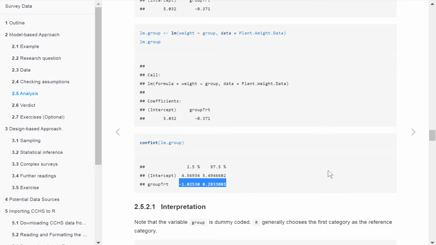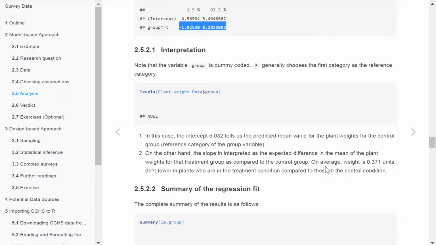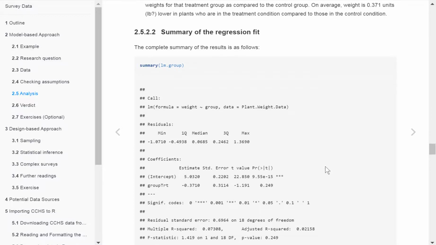So one interpretation that we can probably make from this is that if this slope is not significant, that means probably the intercept is enough to explain the relationship between weight and group, and there is not much significant change based on how group is impacting the weights.